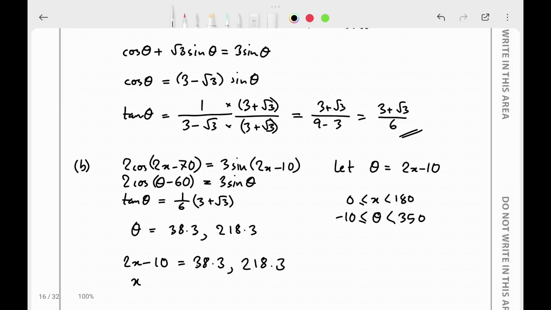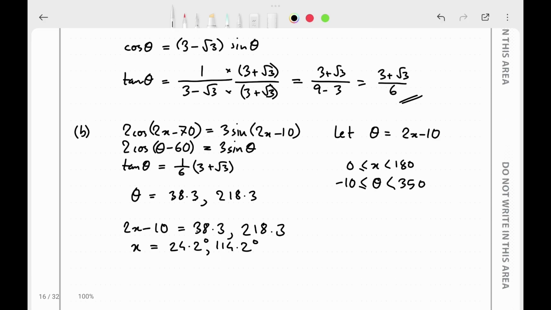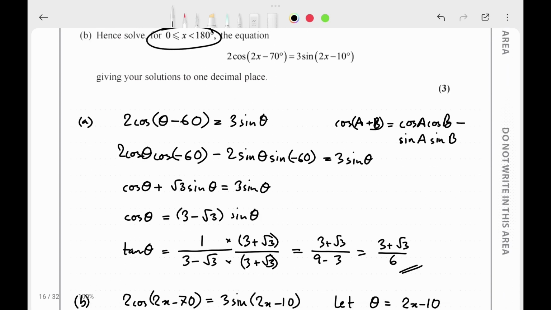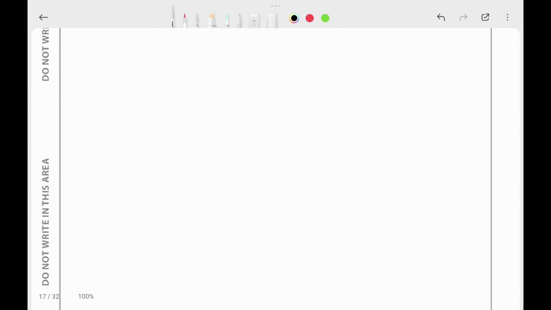So x is equal to 48.3 divided by 2 is 24.15. So it's 24.2 and 114.2 degrees. So that's your answer for part B. And we're done with this question as well.